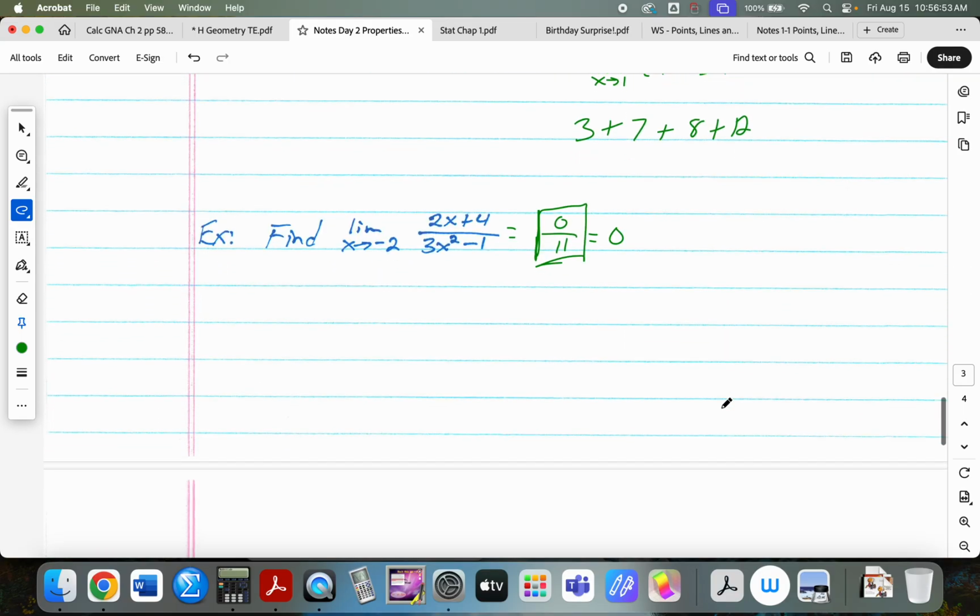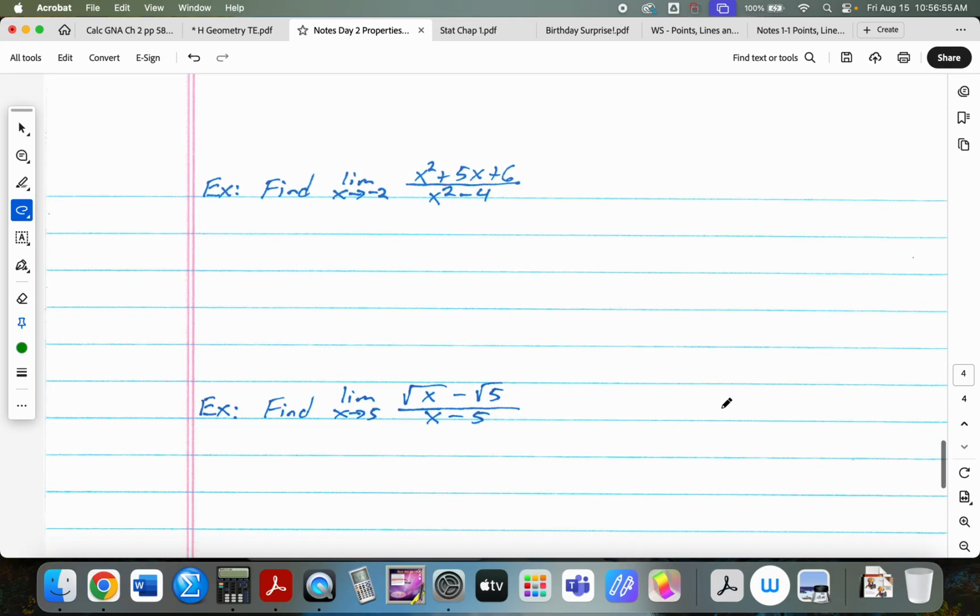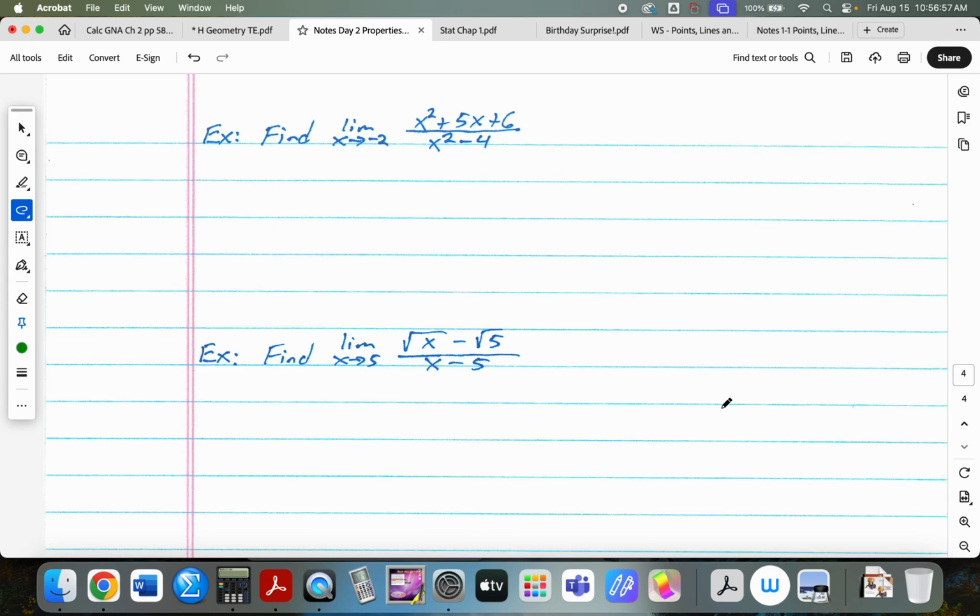But we'll get to that later. All right. Let's look at these two. And I'm going to cheat because I'm already looking ahead on both of these, and I know that badness is going to happen, and we're going to have to do something a little different.